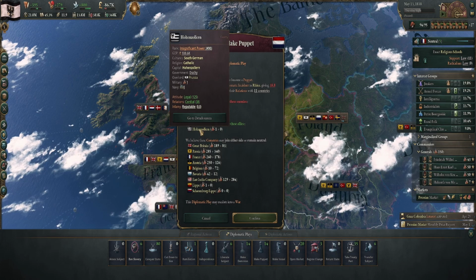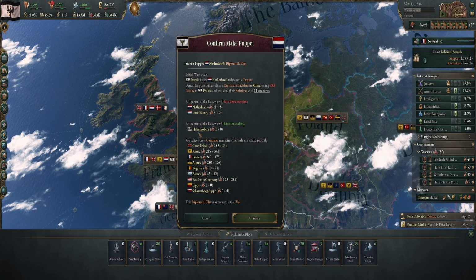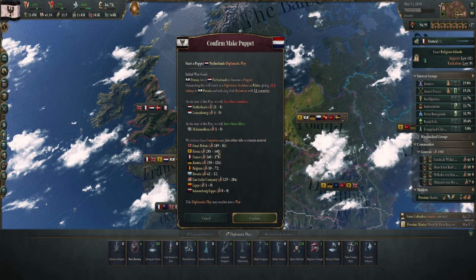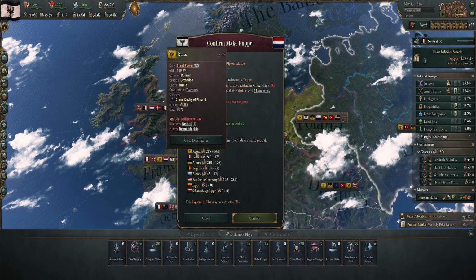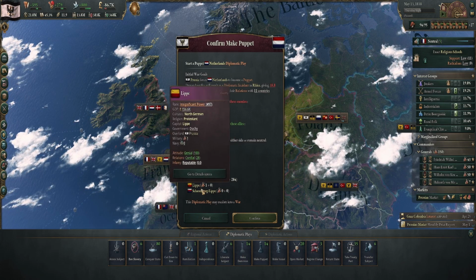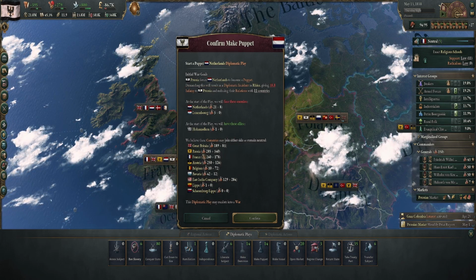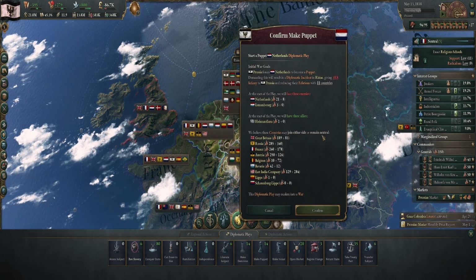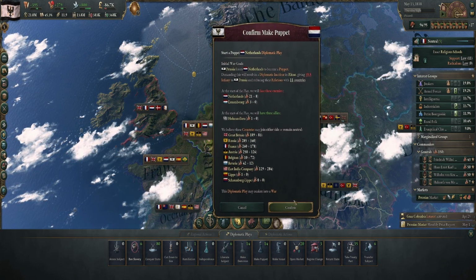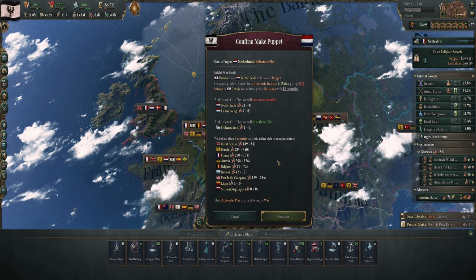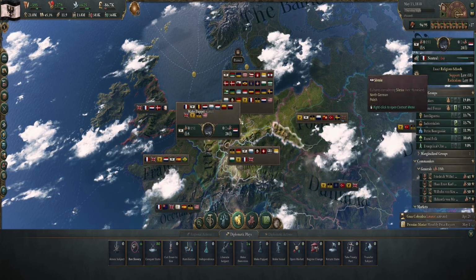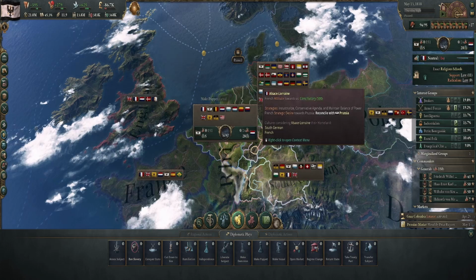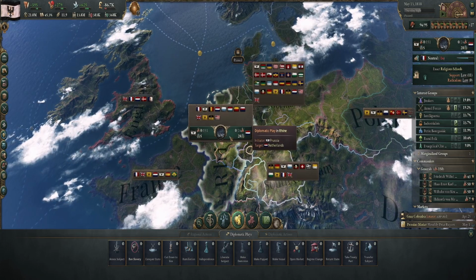Then we have this country here because that's our ally, and then these people here, which is a lot of major powers, have an interest in this region, and therefore they might join either side or they might remain neutral. We don't know, right? So you have to take this into consideration. You know what I'm saying? Let's just go ahead and go through with this. And now you see this happens.